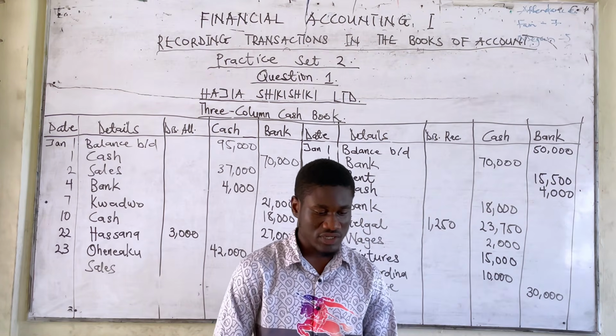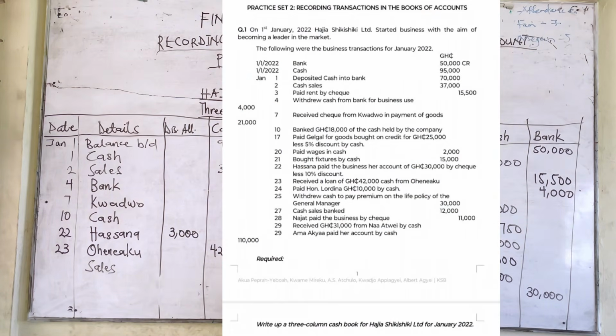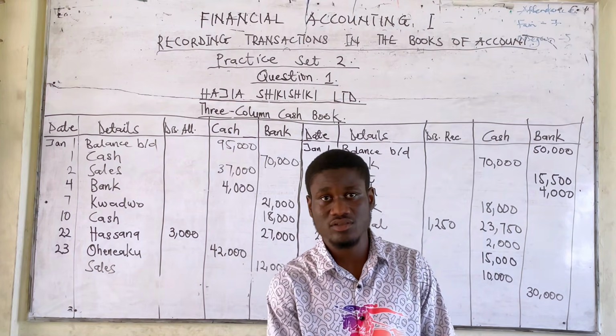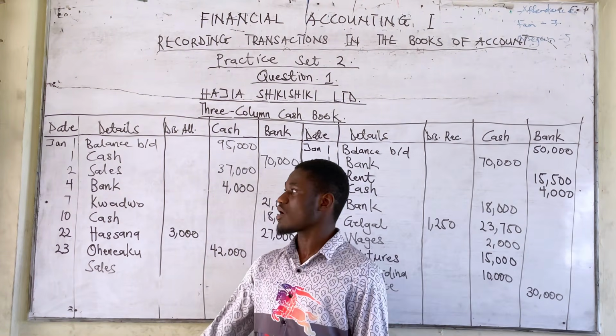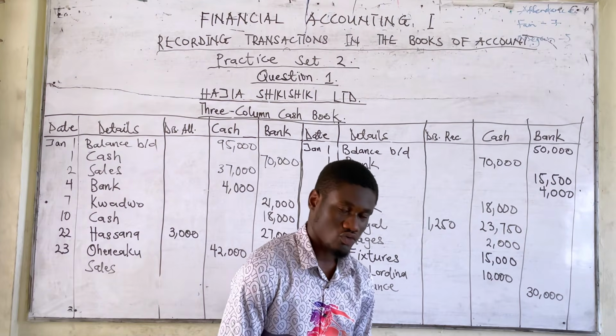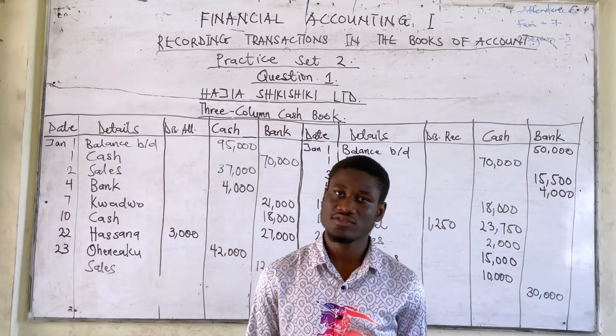Now we move on to January 28th. It says Najat paid the business by check. Okay, Najat paid the business by check. That means that Najat was made owing us, then paid the business by check. Okay, that means that we are going to receive more amounts in our bank. By check. So what is happening to our check? That's what we are interested in.